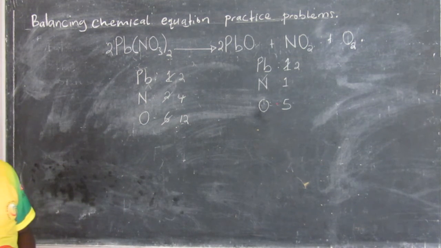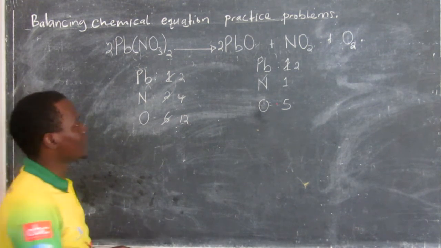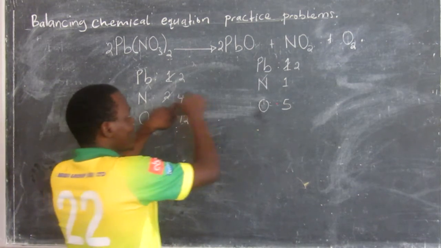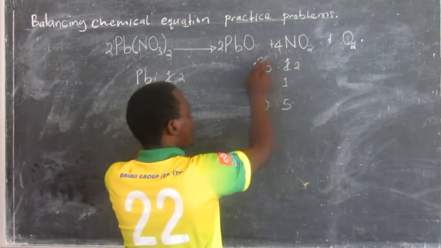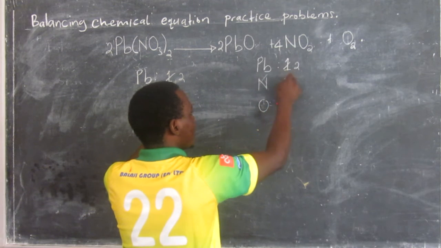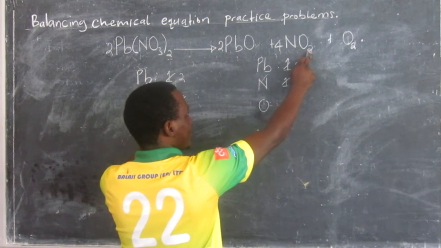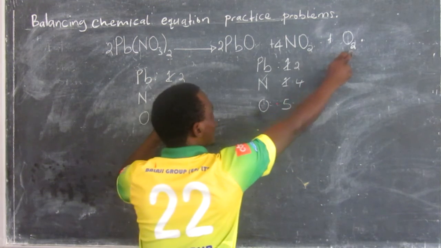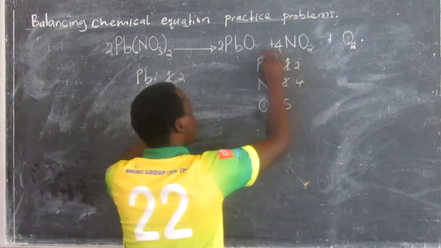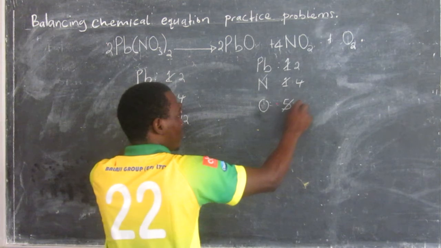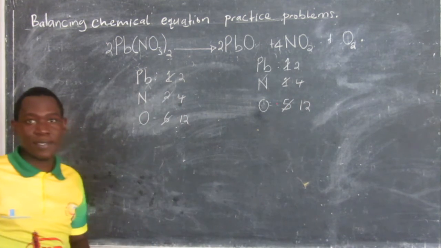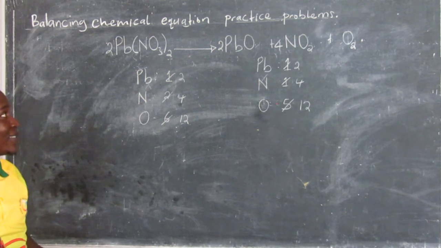What should I do? I can put a 4 here, because here we have 4 nitrogens. If I put a 4 here, it becomes 4 times 1 to give us 4 nitrogens. Now 4 times 2 to give us 8 oxygens. 8 plus 2, that's 10. 10 plus 2, that's 12. In that case, my equation is balanced.